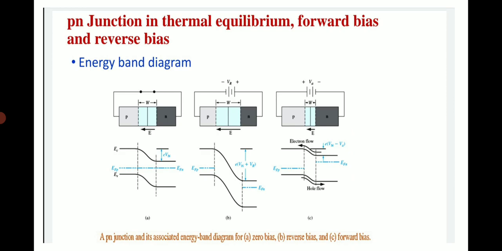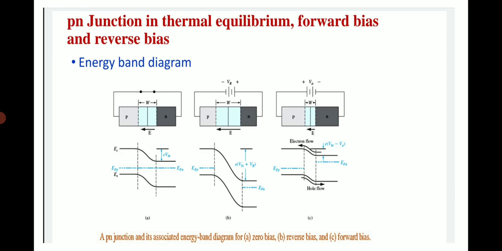In the P region the majority carriers are holes, which are attracted to the negative charge, and in the N region the majority carriers are electrons, connected to the positive terminal.